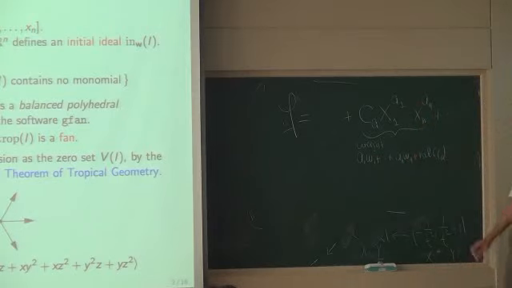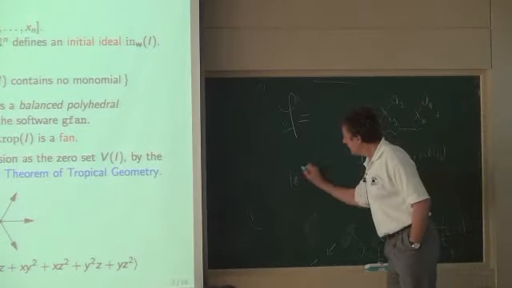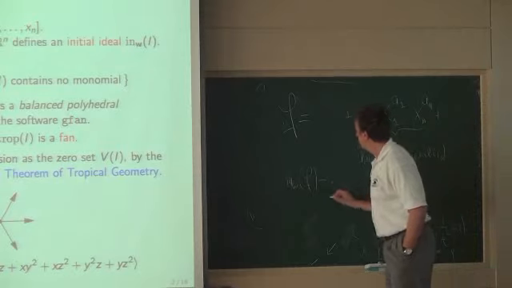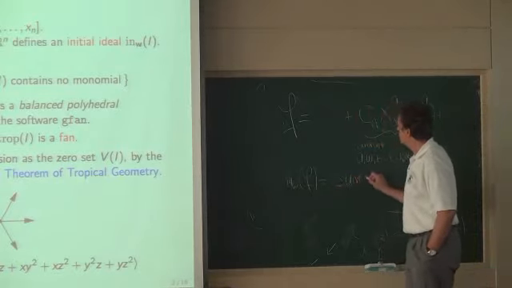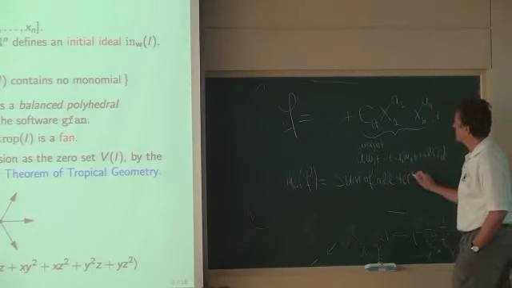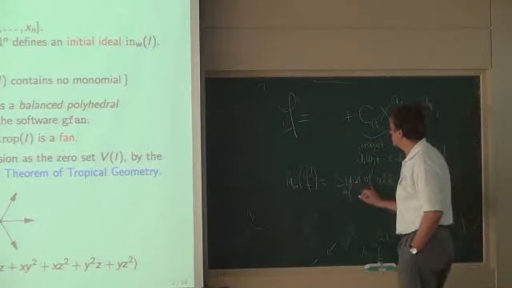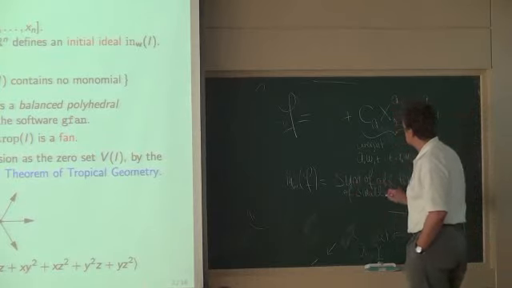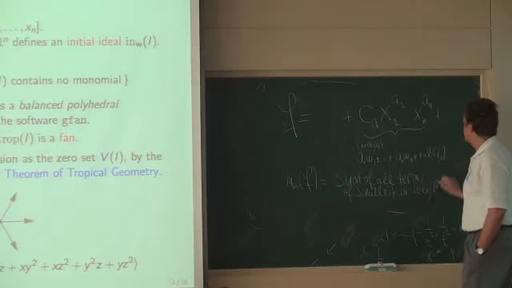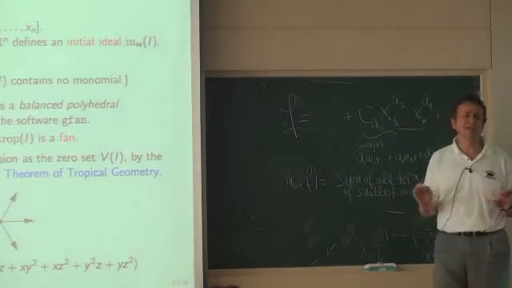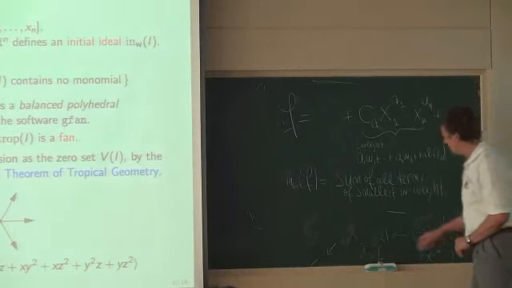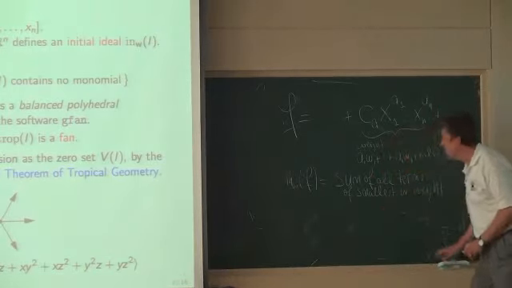plus the valuation of the coefficient, possibly. That's the weight. The initial term, so the initial form of f, is the sum of all terms of smallest weight. Okay? I'm cheating a little bit here, you know, in the mixed characteristic case this isn't quite correct, but just for simplicity.